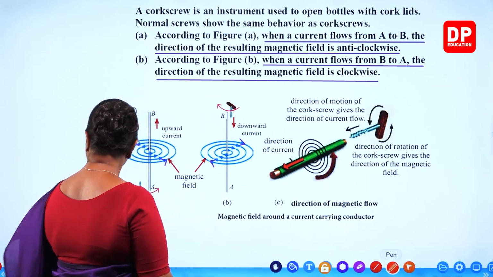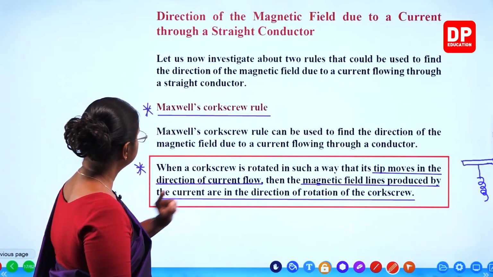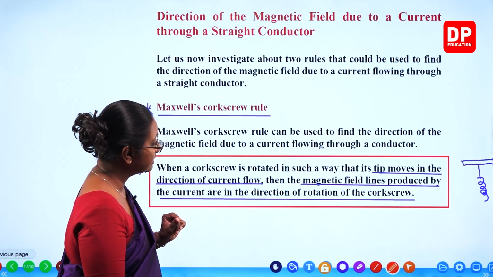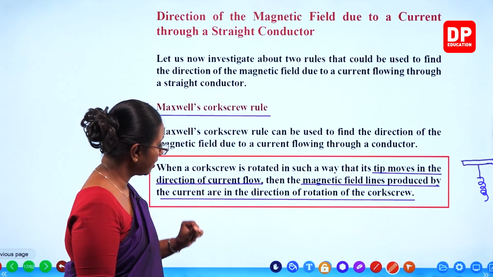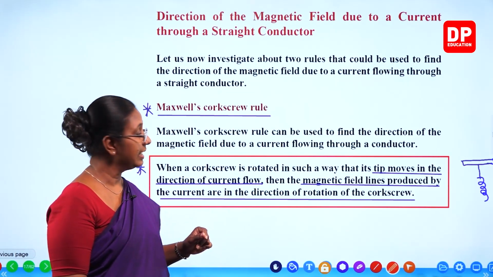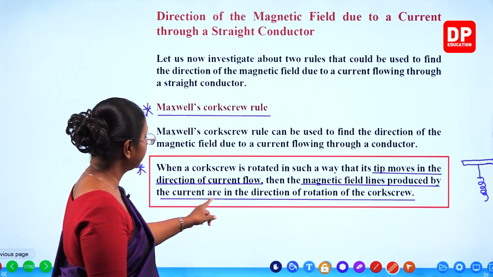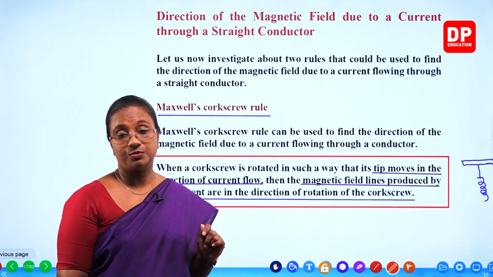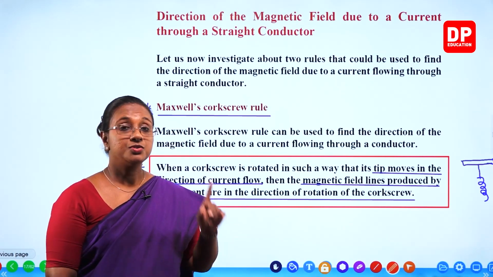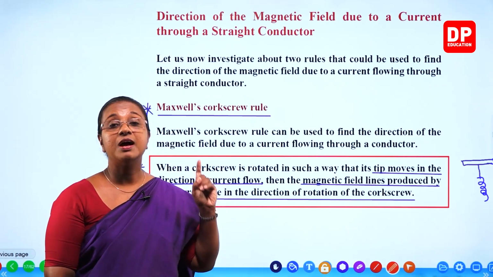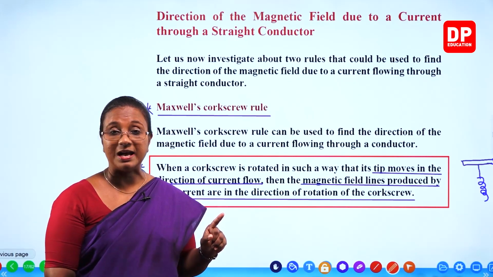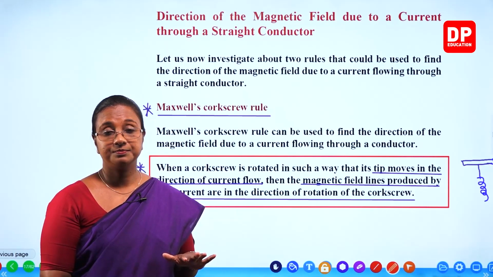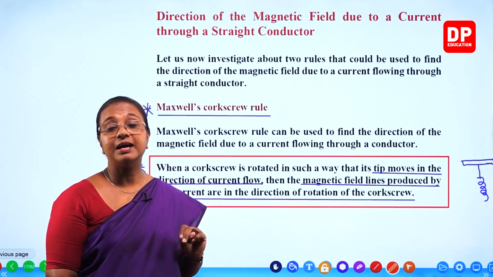Just to look at the Maxwell corkscrew rule: when a corkscrew is rotated in such a way that its tip moves in the direction of the current flow, then the magnetic field lines produced by the current are in the direction of rotation of the corkscrew. Is that clear? So that is one method of understanding the direction of the magnetic field when a current is passing through a conductor. Then there is a second method.